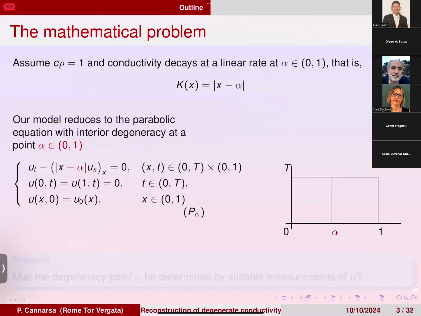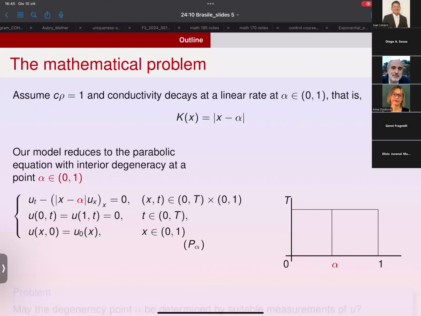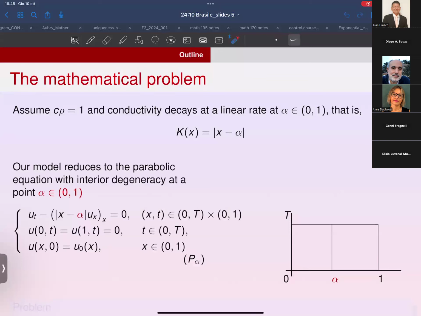So mathematically, we suppose to have a conductivity coefficient that degenerates at some point alpha at a linear rate. So k is equal to, just to fix ideas, this function. So it degenerates at alpha at a linear rate.